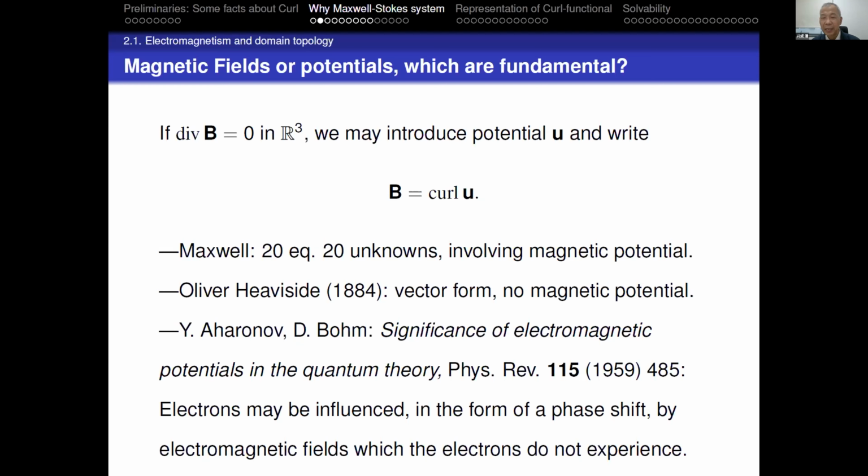And then Heaviside introduced the vector form without the magnetic potential. So people think that probably the magnetic fields are most fundamental. However, in 1959, Aharonov and Bohm published a paper, and they predicted that electrons may be influenced in the form of a phase shift by electromagnetic fields which the electrons do not experience.